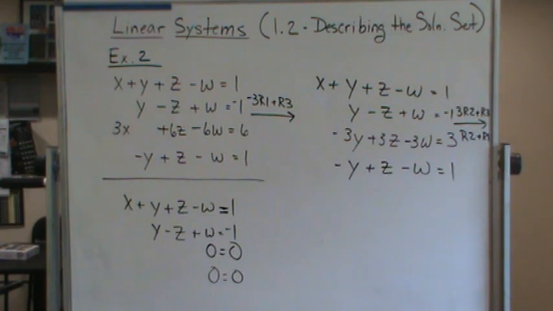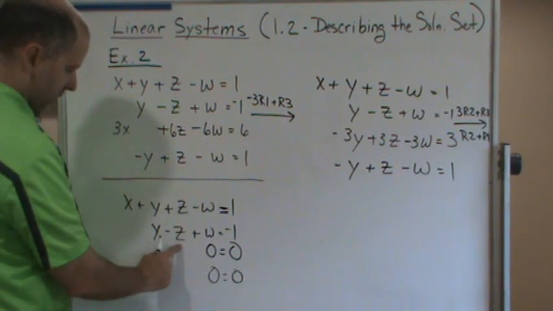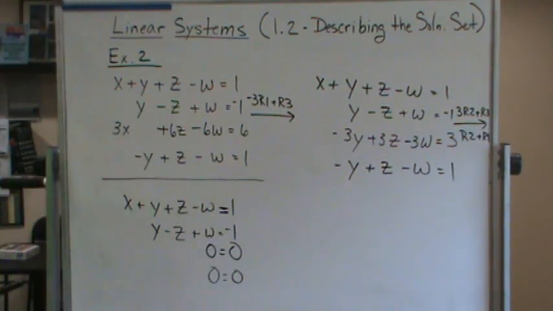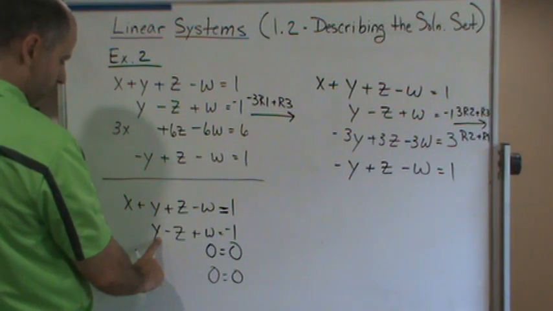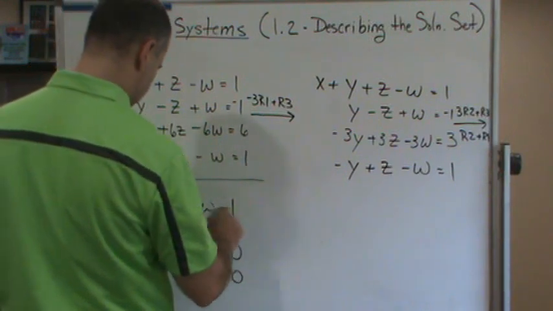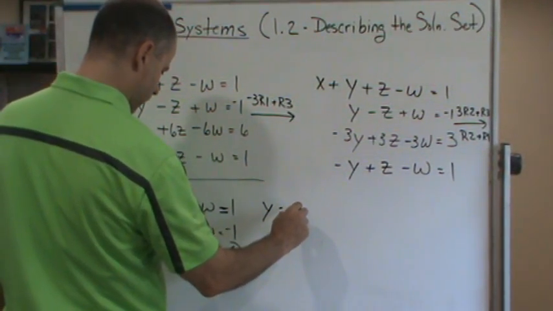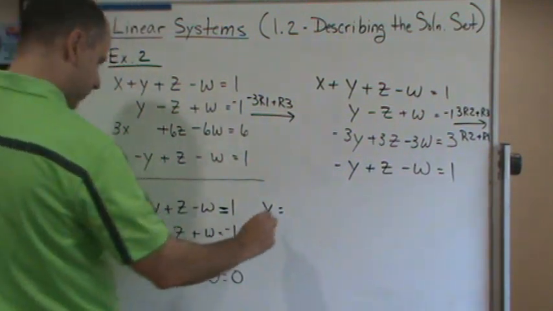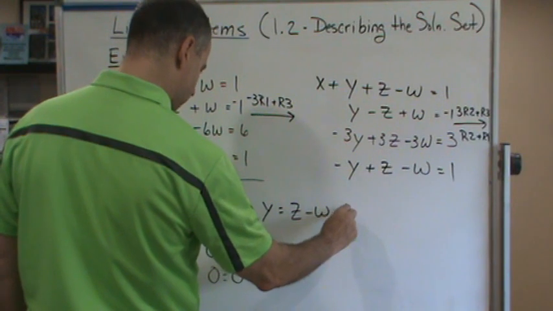So now we're in this situation. In this case, x and y are leading variables. Z and w are free, which means they can be whatever they want. So the best we can do is define y and x in terms of z and w. How are we going to do that? Well, let's solve this for y. So y is going to equal z minus w minus 1.